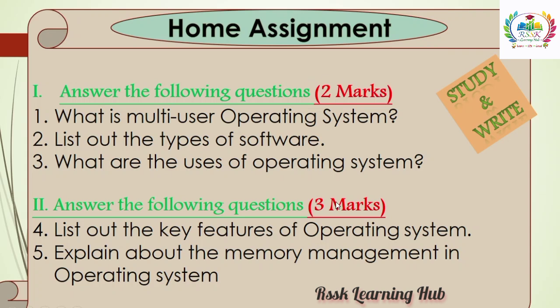Coming to the 3 mark questions, list out the key features of operating system. So list the different types of features available in your operating system. Next, explain about memory management in your operating system. Okay, so write your assignments daily. In each video you have a home assignment part, so kindly do it. I will definitely ask you.